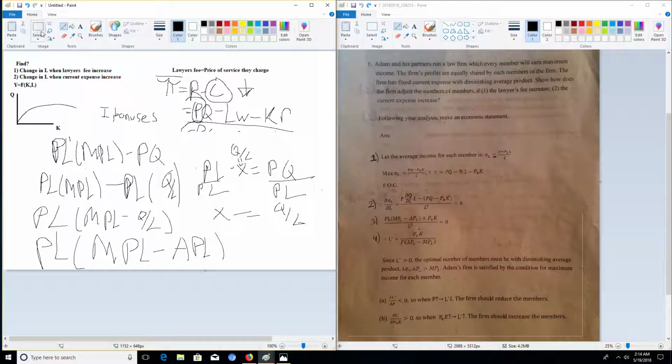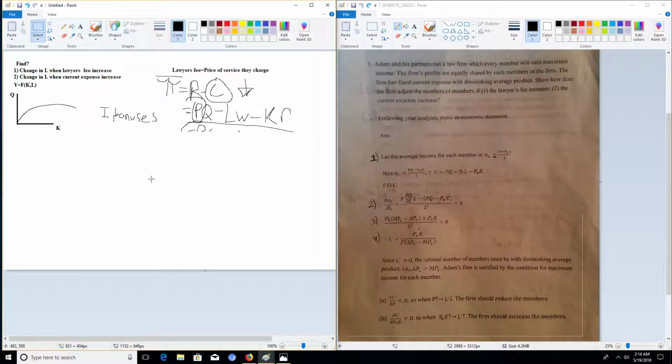So the final version for section 3 is going to be PL times MPL minus APL plus PK times K over L squared equals 0.